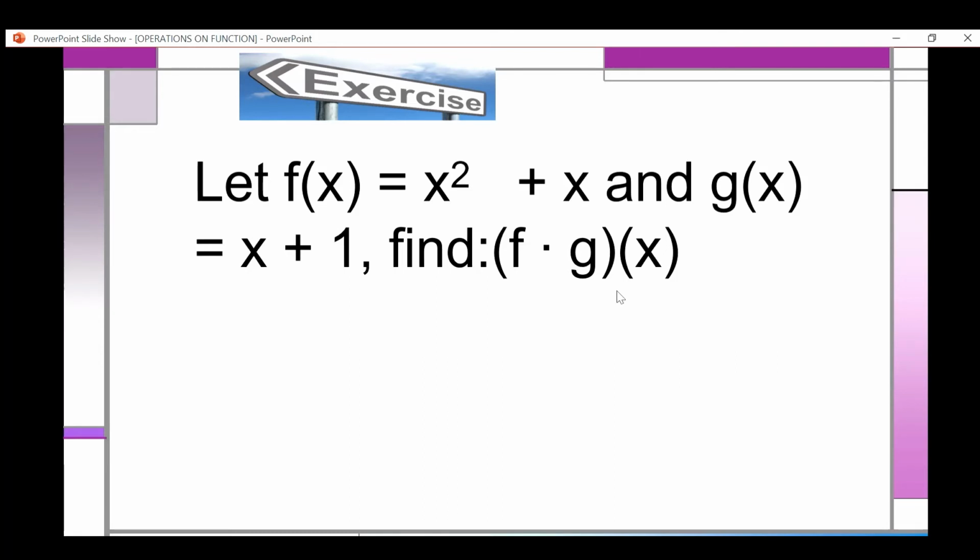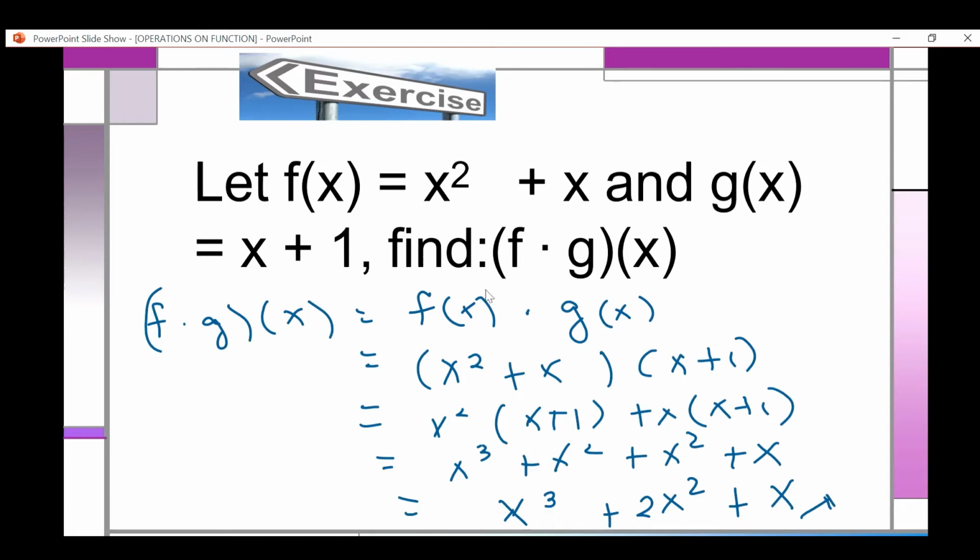Okay, so answer nyo and then later I will reveal the answer. Okay, so the answer is, ayan, so the answer is x cubed plus 2x squared plus x.